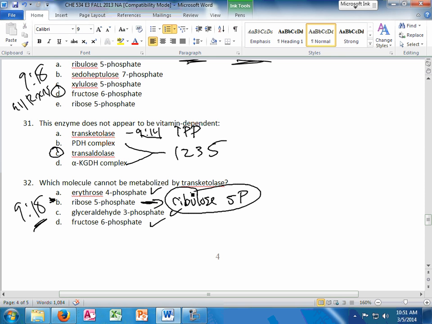So I think there was a typo in that one. Ribulose is the only one that's involved in the epimerase and isomerase reactions. Transketolase definitely has ribose 5-phosphate as well, so I don't think there's any right answer. This would be what he meant to say.